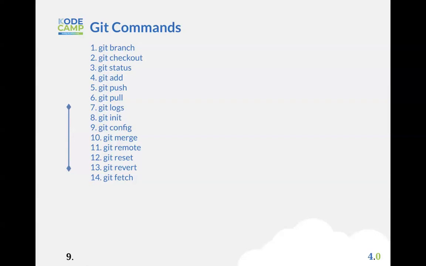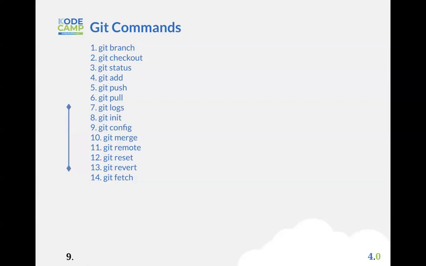Now, git add is used for staging. The concept of staging is putting up a particular change to be monitored by Git. So you can have various changes that are made, and Git sees these changes.